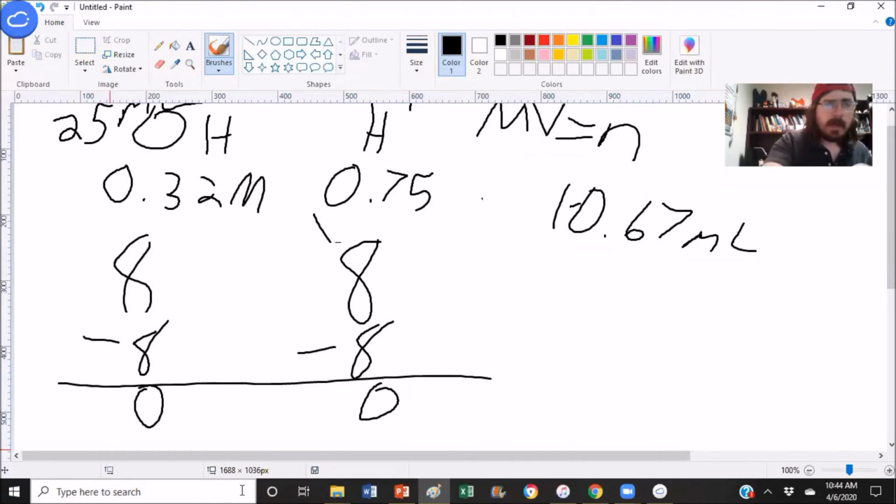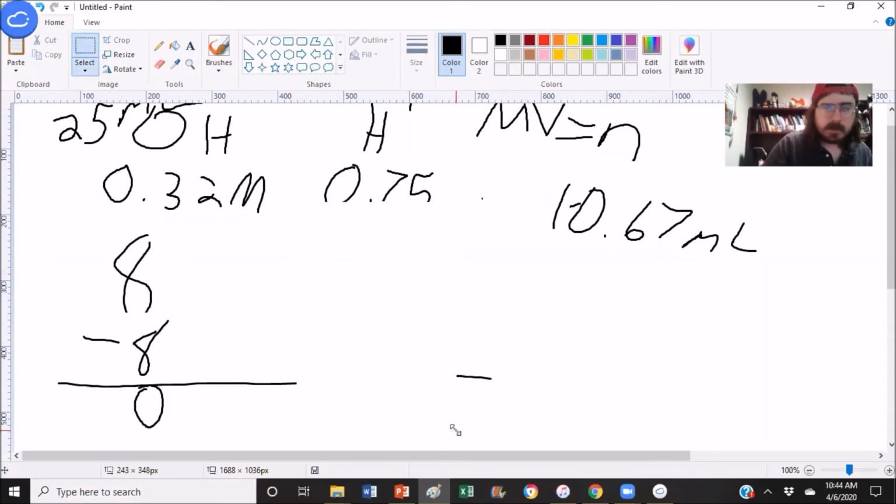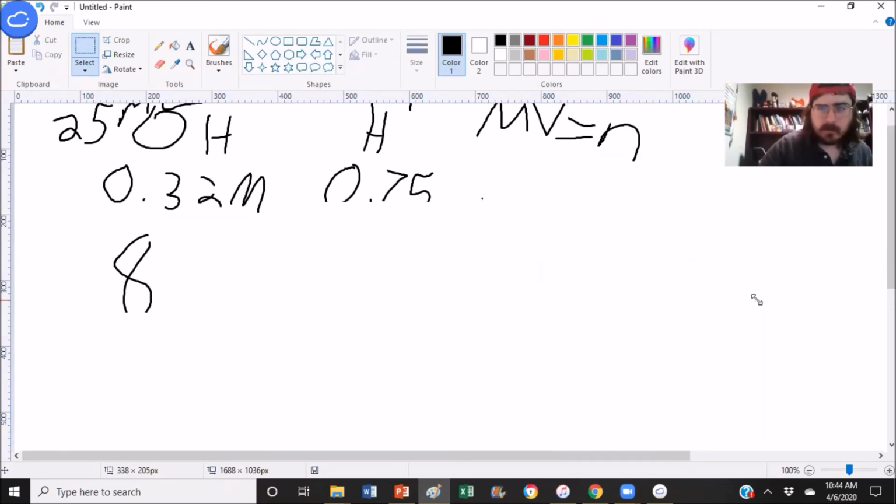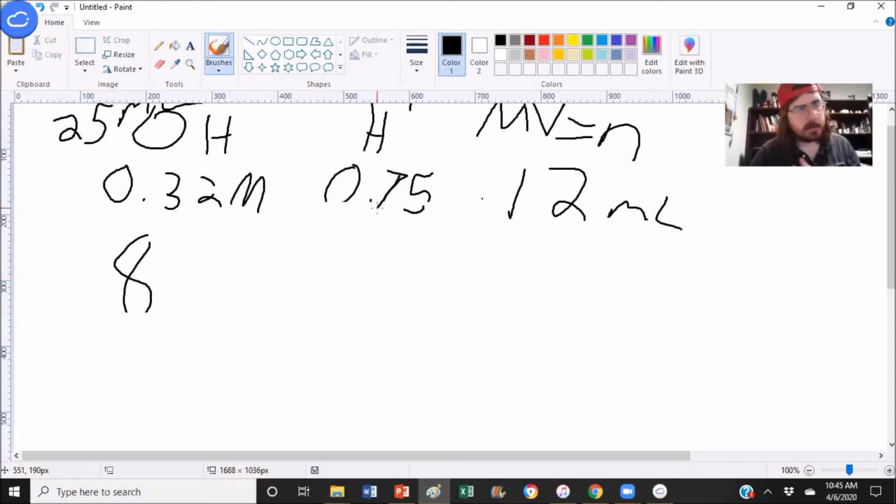But one last problem. What if, instead of at equivalence point, it's just after equivalence point? Let's say instead of 10.67 mils, I chose 12 mils of acid. The amount of base we started with doesn't change, still 8. But now the amount of acid has gone up.